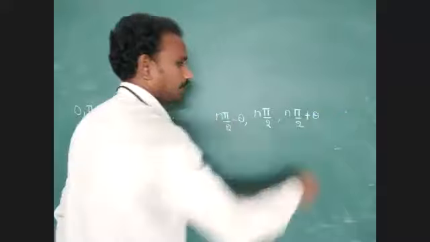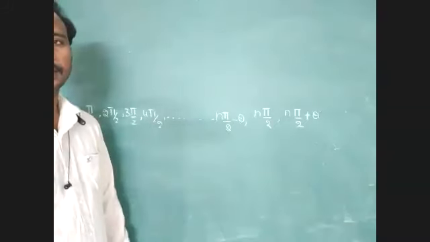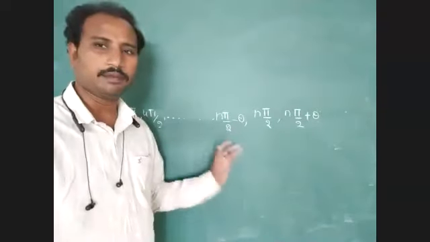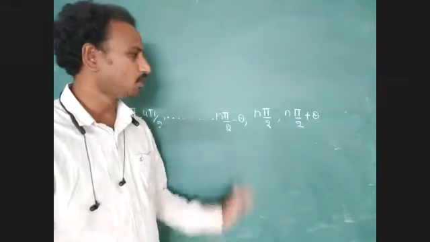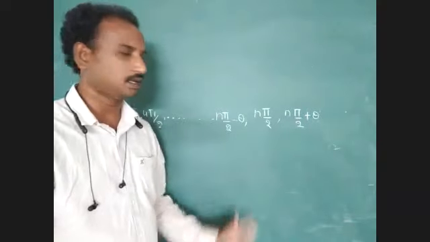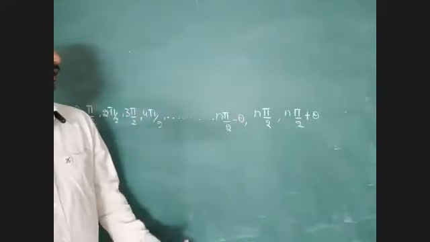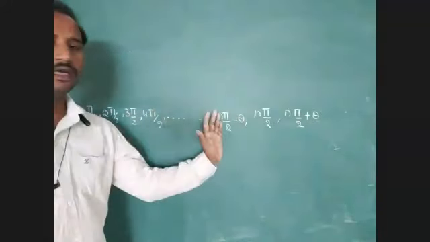You don't know that theta. Less than the n pi by 2 value, we consider n pi by 2 minus theta. More than the n pi by 2 value, we consider n pi by 2 plus theta. Understood? We have to apply the trigonometric functions for these angles.